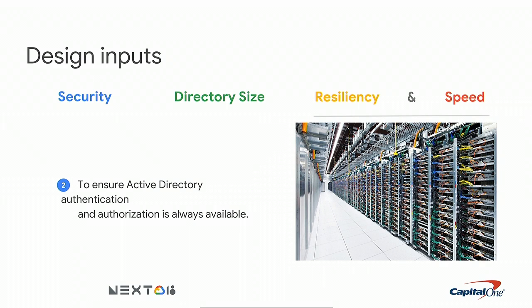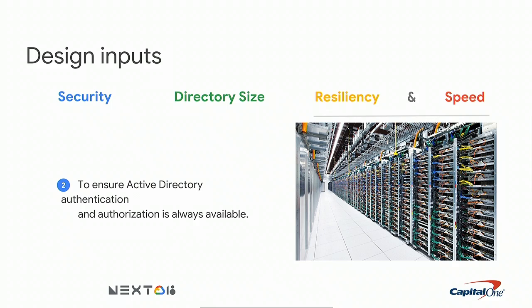Next area is resiliency. The next is speed. As I was doing the slides for this, I realized the same inputs really went into both of them. To ensure Active Directory authentication and authorization is always available. Doesn't matter if it's a federated SAML authentication, a Windows authentication, LDAP application bind, a database authentication, directory needs to be there.